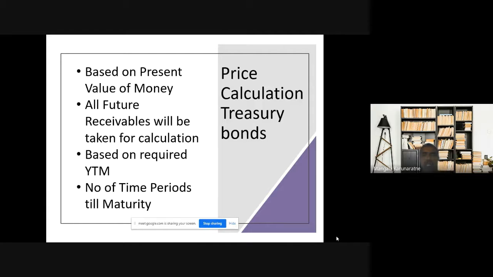Now, the bond is traded, calculated on the yield to maturity, based on the required YTM. So that is how this market operates. Very basically, we calculate the present value of all these future receivables.